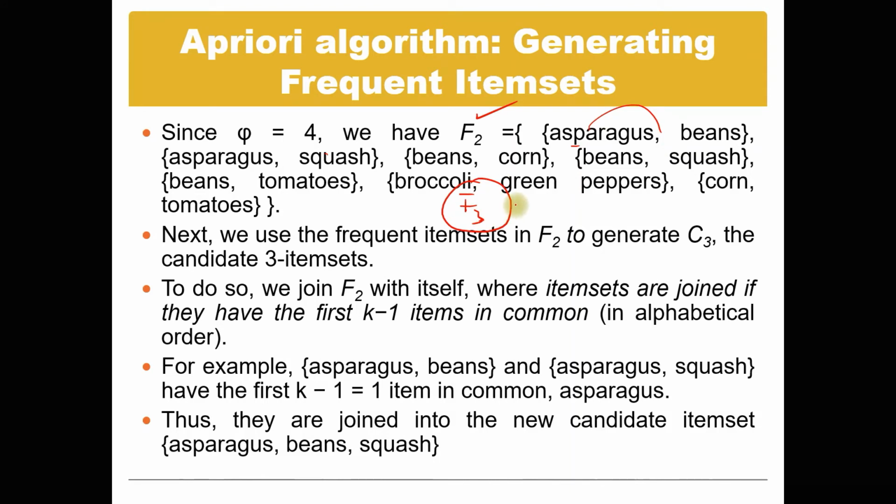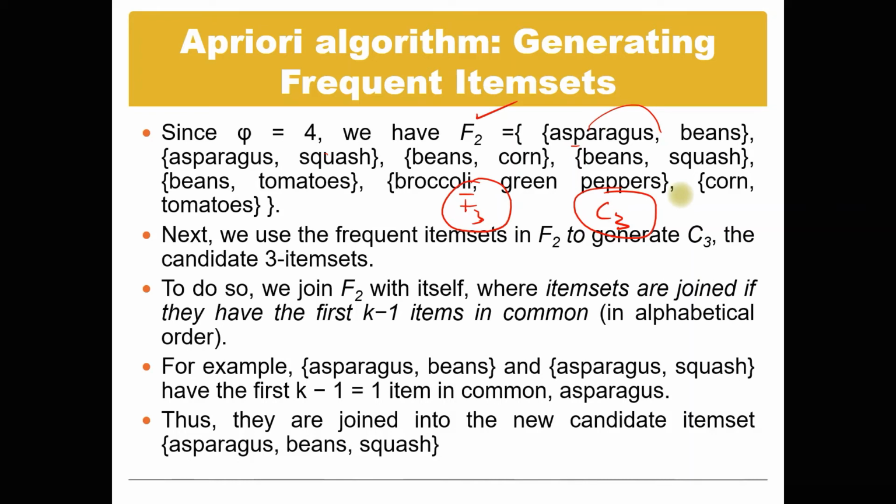But as I said to you, to be able to find F3, we need to find C3 first. All right. When we found C3, then we can find F3. But this is where things get interesting. We have to obtain these C3. Okay, and how are we going to obtain the C3?